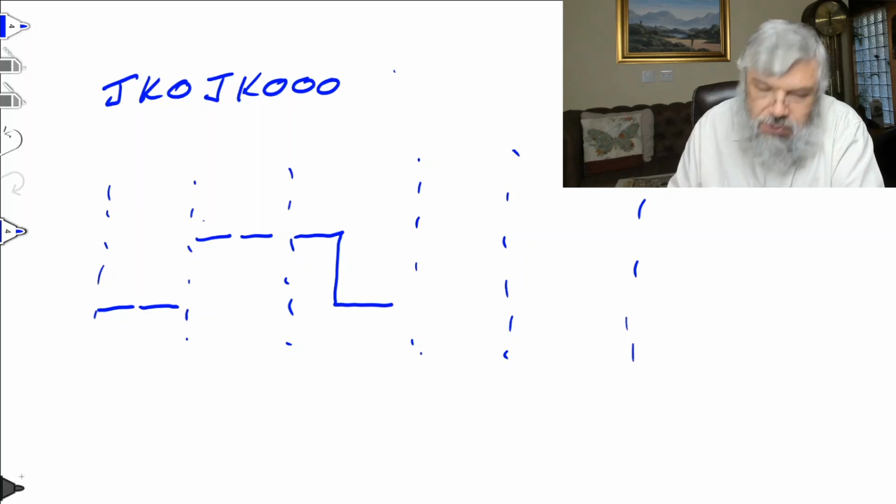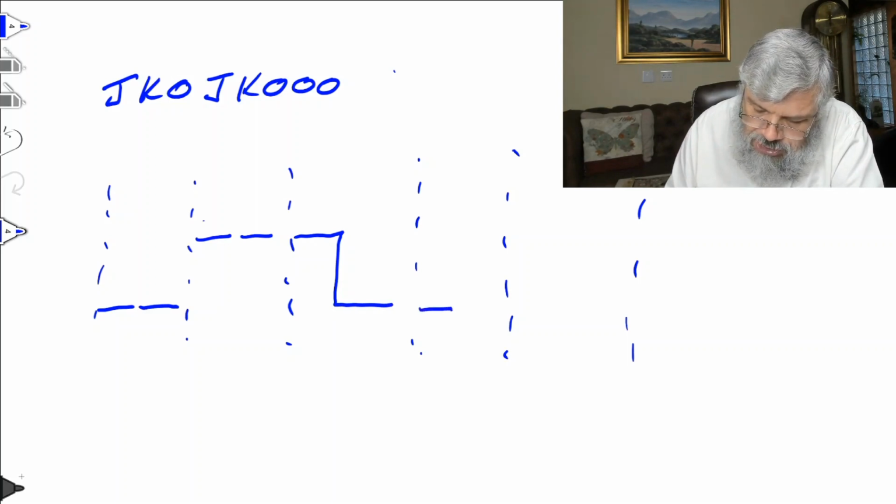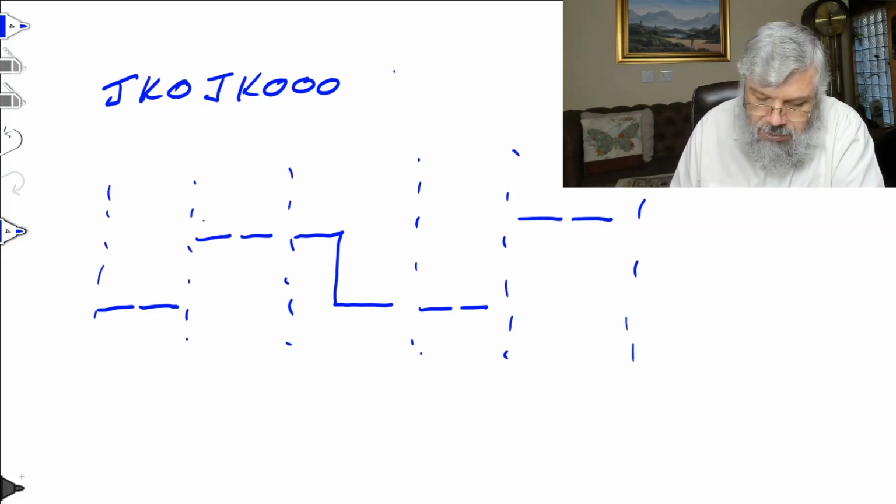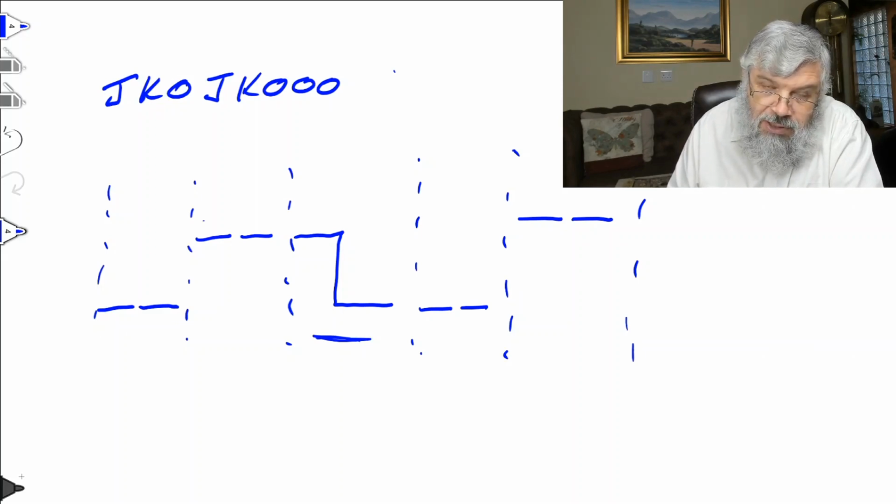If we use the 802.3 convention, it will look like that. Then the J will again be a coding violation, no transition in the middle. The K will again be a coding violation, no transition in the middle. And then the remaining zeros will be encoded exactly like other normal zeros.